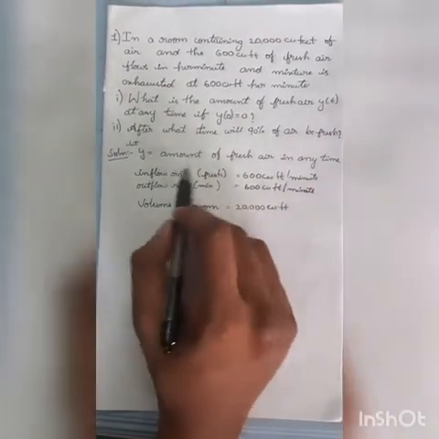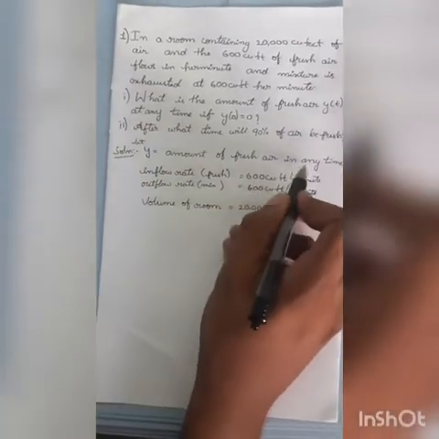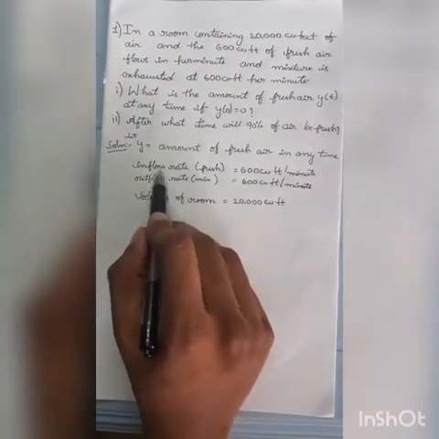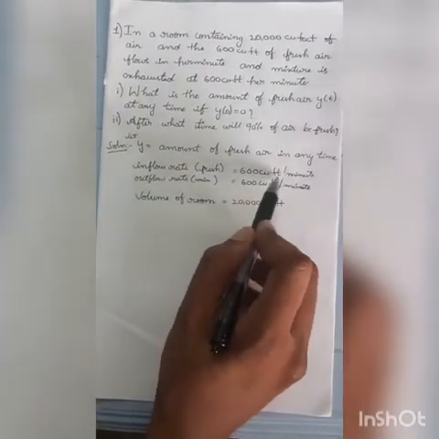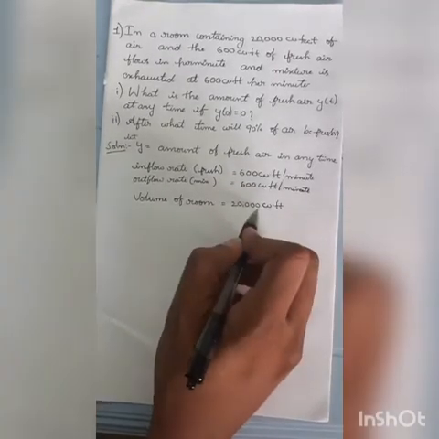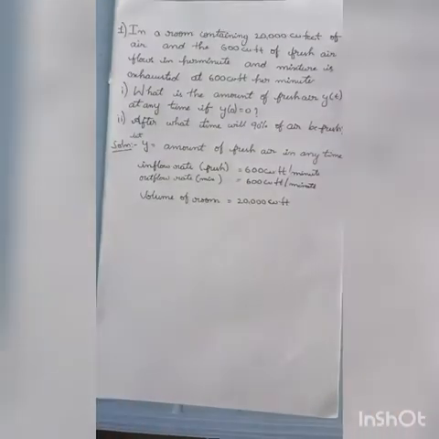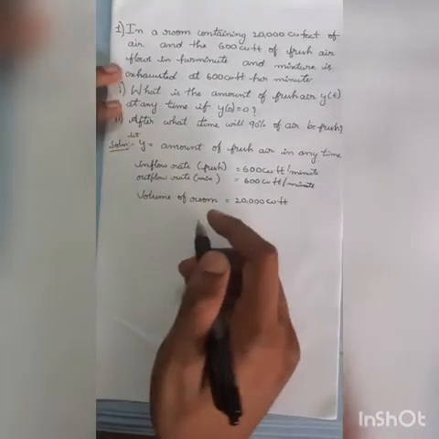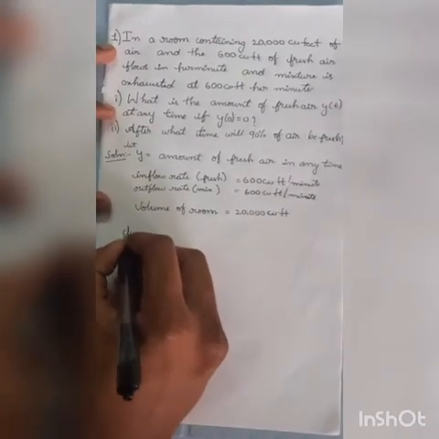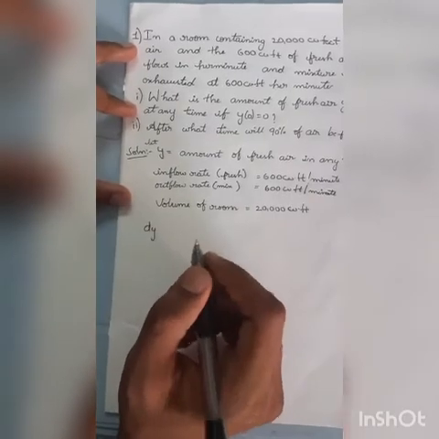It is given that, let us consider y as the amount of fresh air in that room at any point of time. Inflow rate is given as 600 cubic feet per minute. Outflow rate is the same, and the volume of the room is 20,000 cubic feet. So dy is the rate of change in the amount of fresh air.